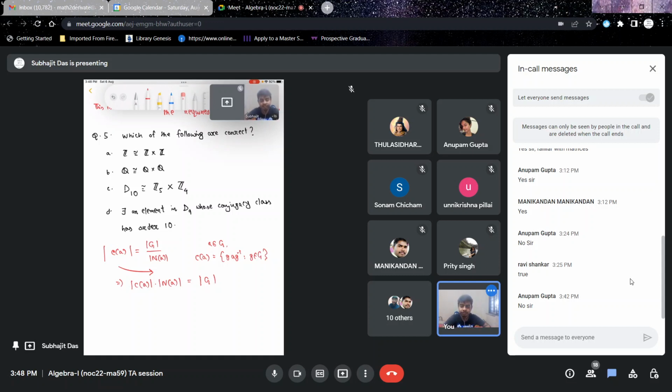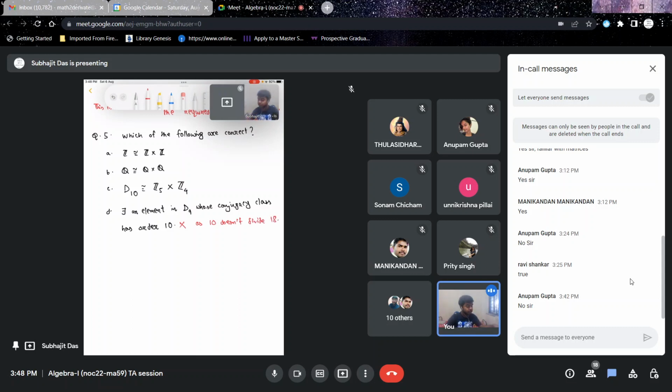No, because the order of the conjugacy class will divide the order of the group, which in this case is 18. 10 doesn't divide 18, so this cannot be possible. This is completely false, as 10 doesn't divide 18.